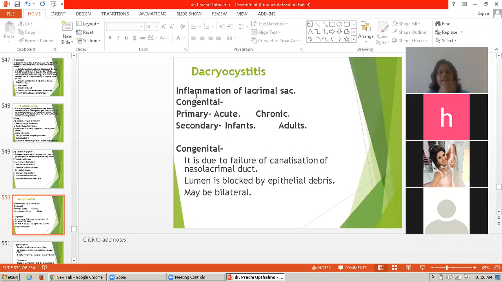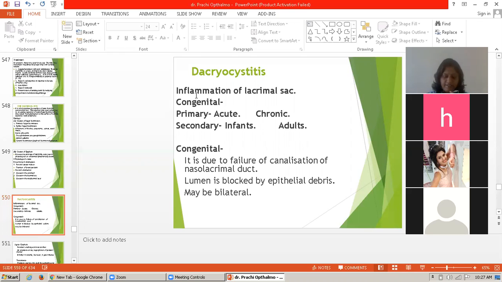Next topic is dacryocystitis. So what is dacryocystitis? Dacryocystitis is an important topic in ophthalmology. Dacryocystitis is an acute or chronic inflammation of the lacrimal sac, and it is the sequela of obstruction of the nasolacrimal duct or the sac itself, followed by a bacterial infection.